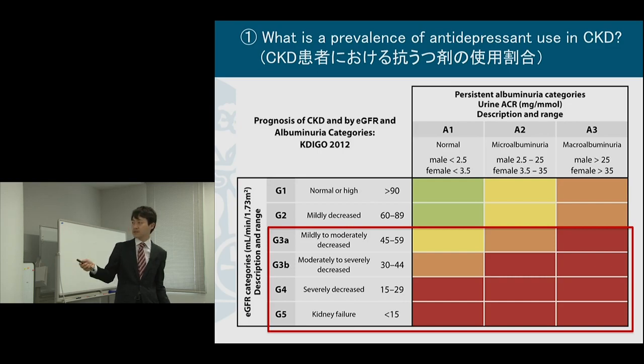According to this classification, the row is based on blood tests, and the column is based on urine tests. My research was focusing on this group. These days, reviewers tend to ask, how about microalbuminuria or urine tests?